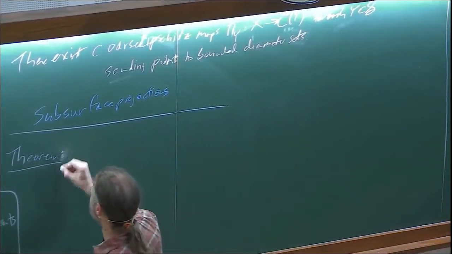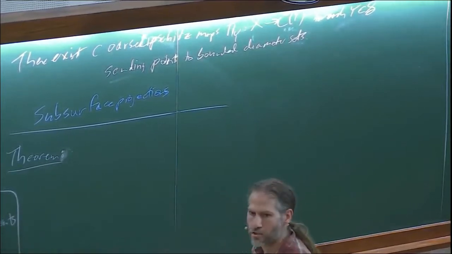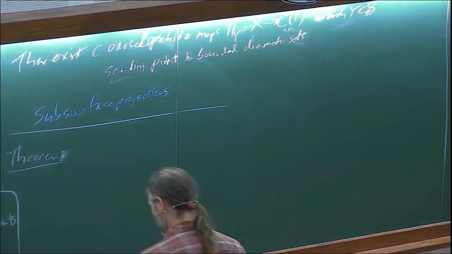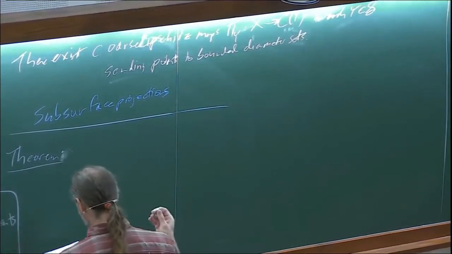But for now, there's a couple of theorems. One of which is the common generalization of these two statements that I made in the last two talks, which is the distance formula.